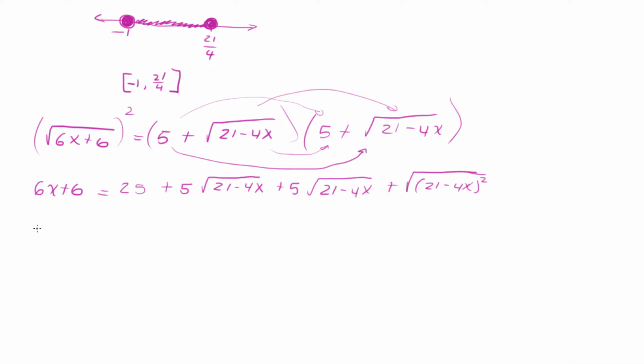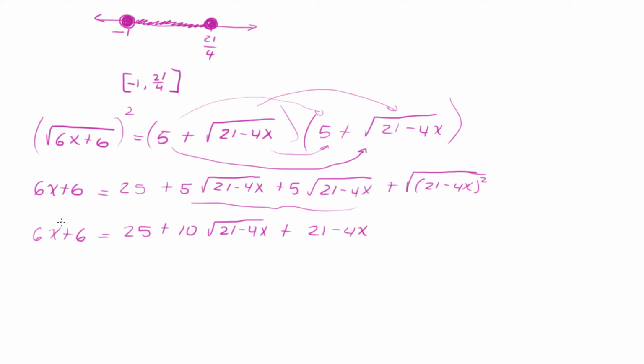Now you have 6x plus 6 equals 25. Now these two add together. 5 plus 5 is 10 radical 21 minus 4x. And this one becomes plus 21 minus 4x. Notice that the square and the square root cancel out.